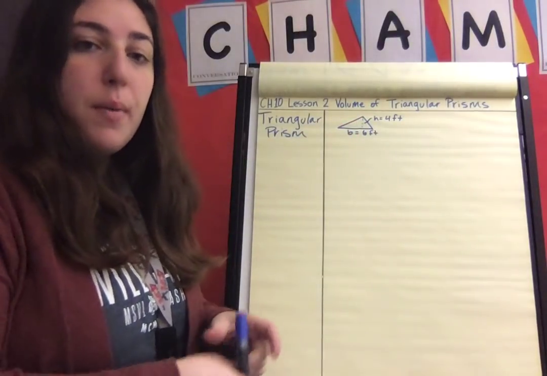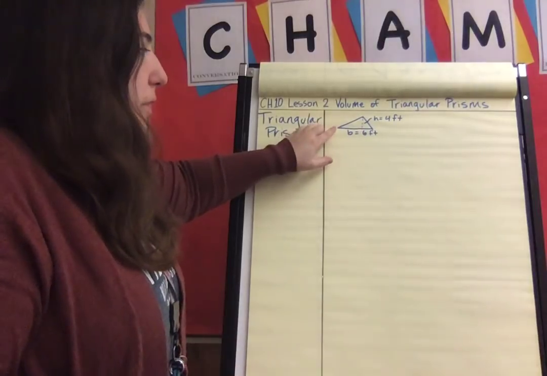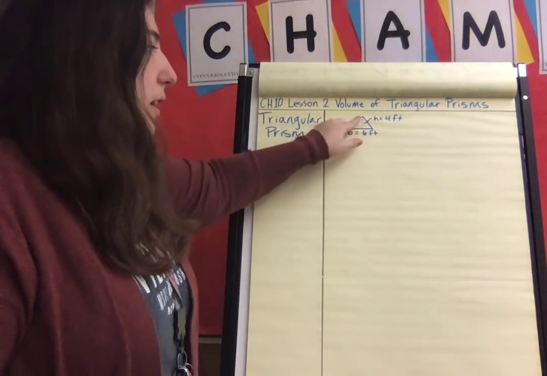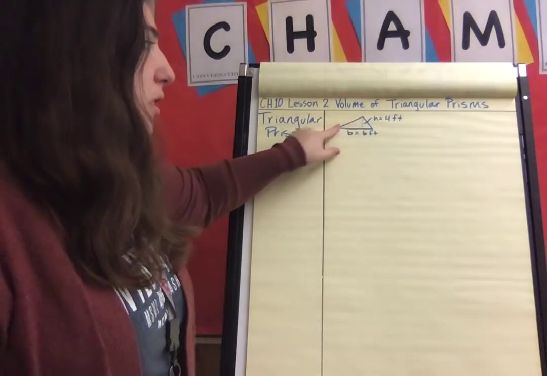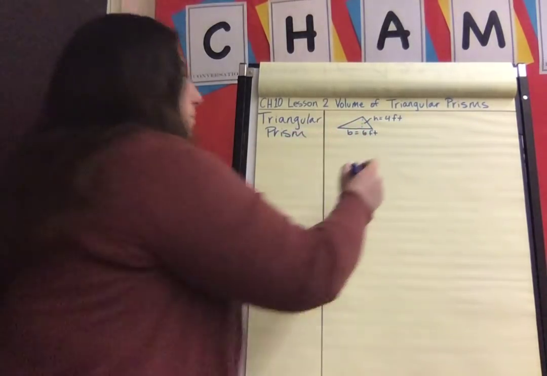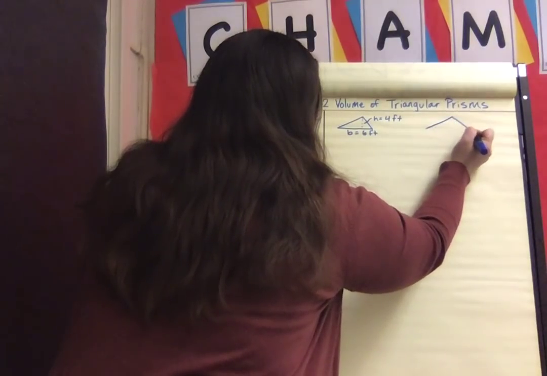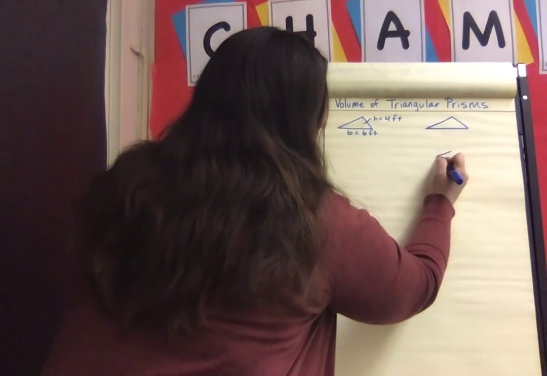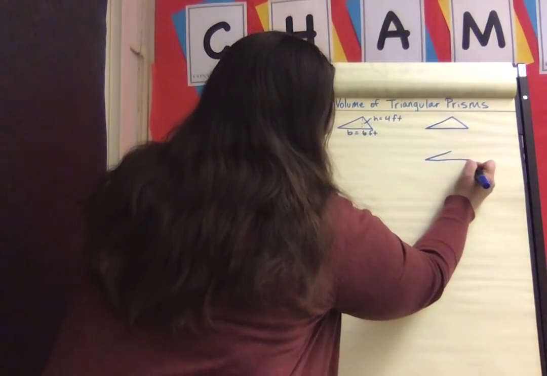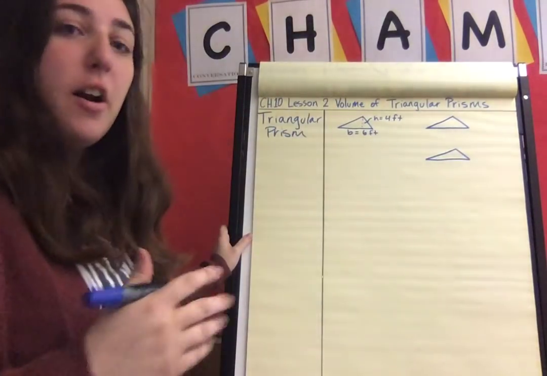Now I'm going to draw my triangular prism. Okay, my triangular prism is going to have 2 of these as its bases. Okay, so I'm going to draw 2 of these first. Okay, so I'm not an artist or anything.